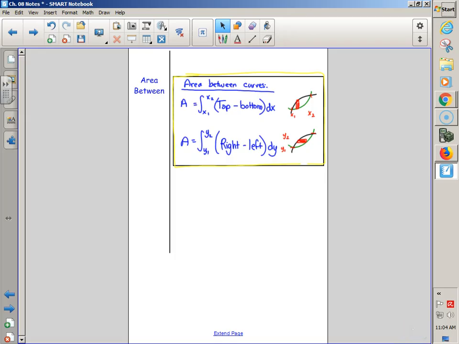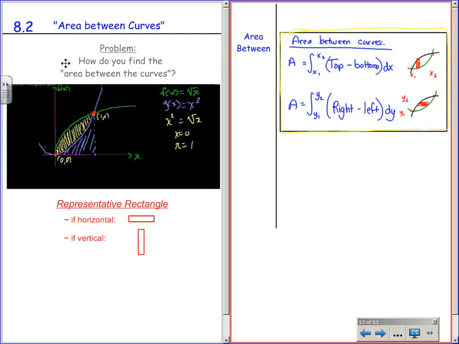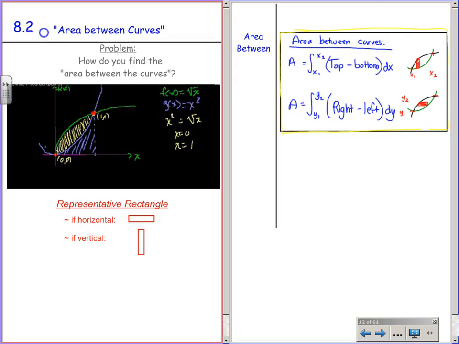Let me double page it. That might be easier. Okay. You guys remember what this picture's from? Yeah, Khan Academy's, I think it's his intro lesson.